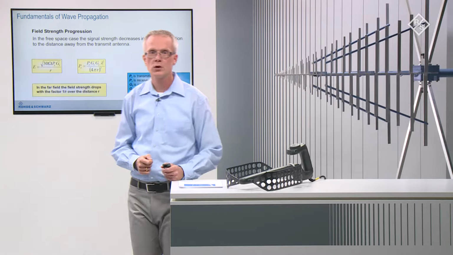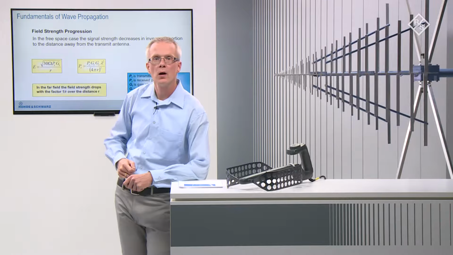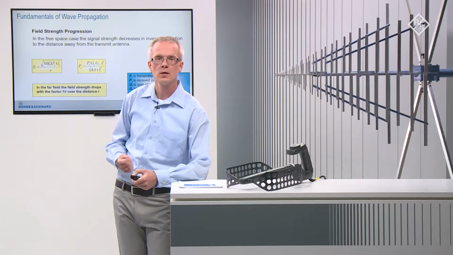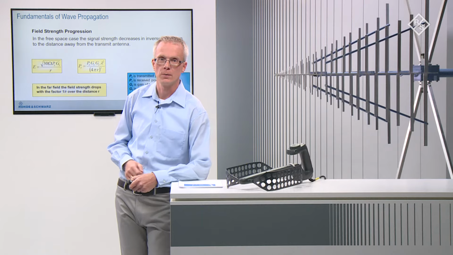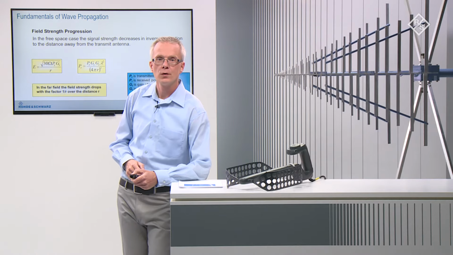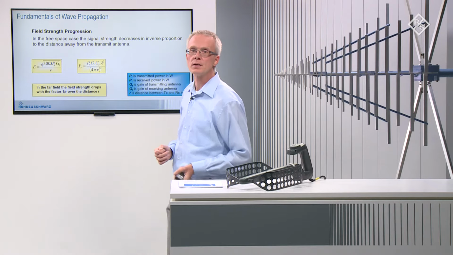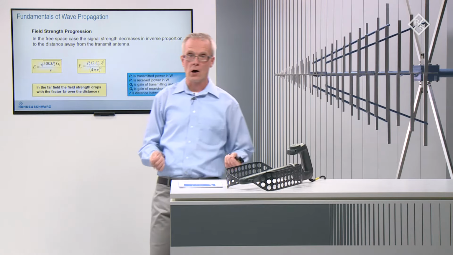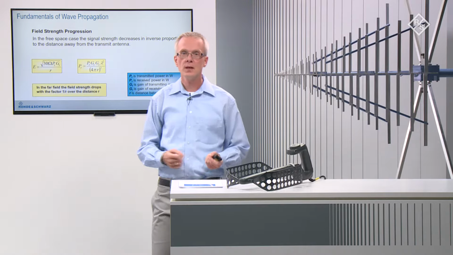If both preconditions are met, the field strength based on the transmitted power and the gain of the transmitting antenna can be calculated with the simple formula shown. Also, the received power at the receive antenna can easily be calculated for a given distance r if all parameters of the second formula are known.